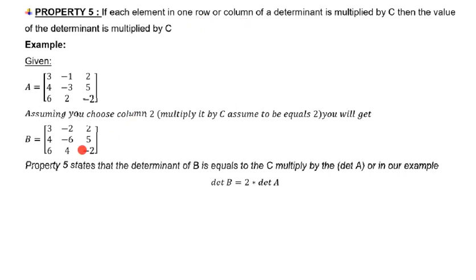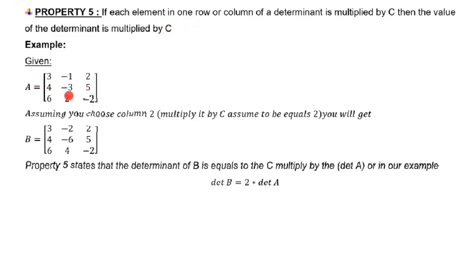So, kahit isang row or column, elements ng row or column sa B na minultiply mo sa isang value, let's say C, yun yung scalar natin. Yung value ng determinant natin is equal pag minultiply mo sa scalar na let's say that is denoted by C.